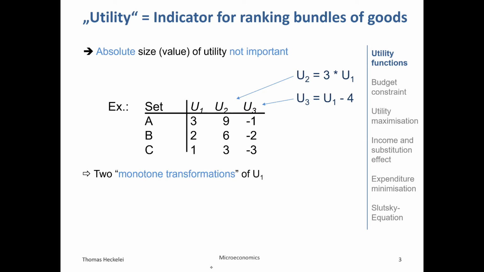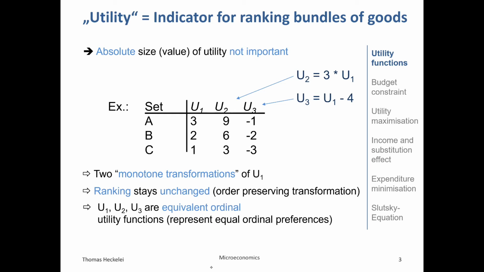Back to here, the two utility functions U2 and U3 can be called monotone transformations of the utility function of the first person, U1. You might remember last week we talked about monotonic transformation already. The ranking again stays unchanged, so the order is preserved after the transformation.